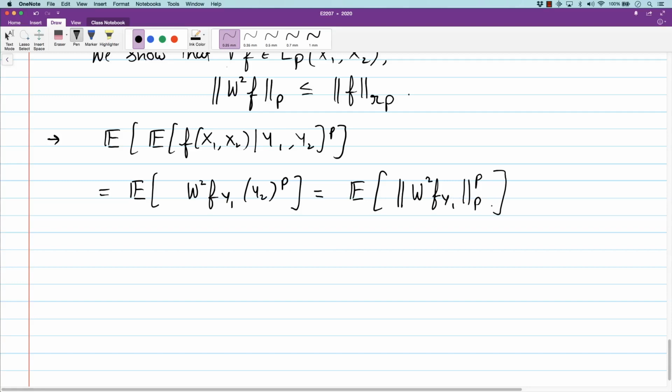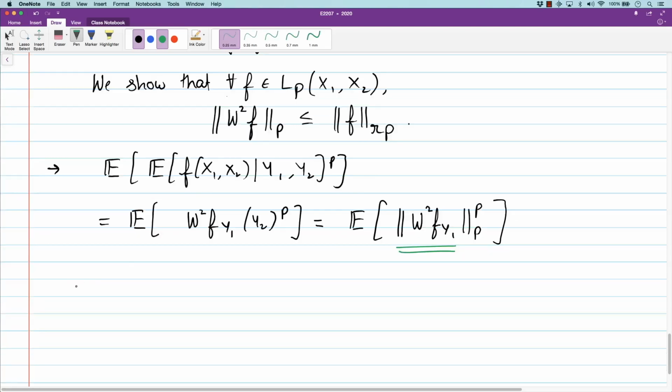So now let's focus on this quantity here. For this quantity, we note that this W2 of f of y1, its pth norm, is equal to the expected value of, so y1 is fixed in this part, so maybe I'll use a small y1 here.